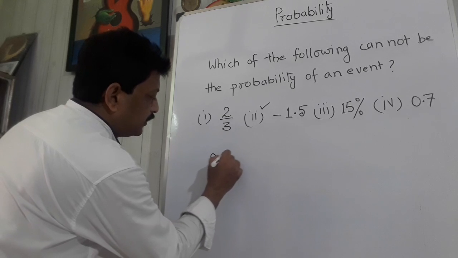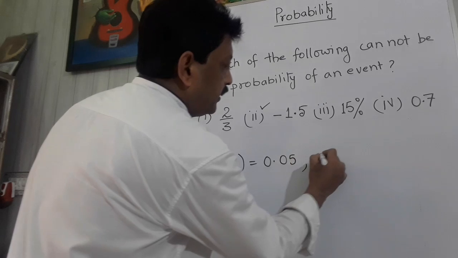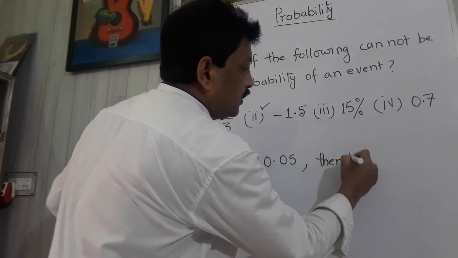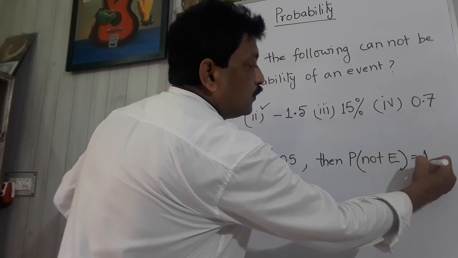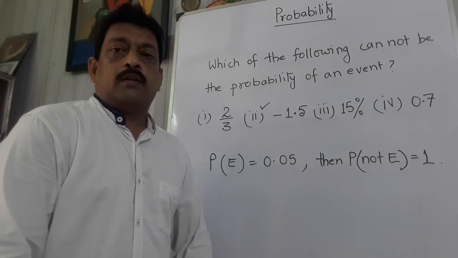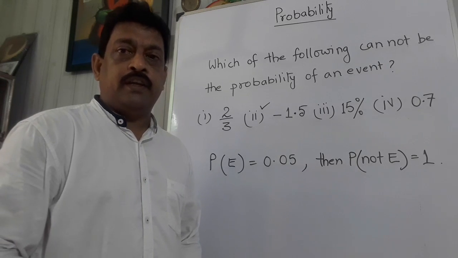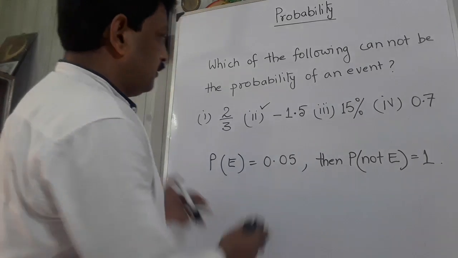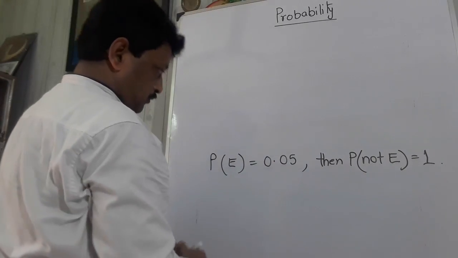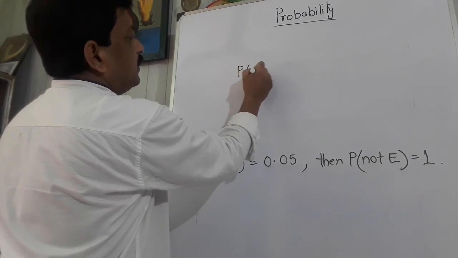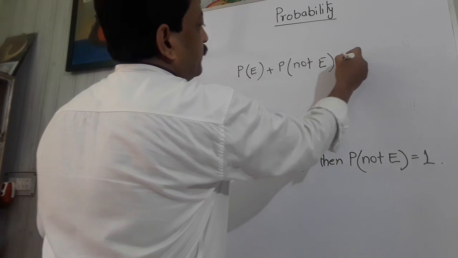It says that if P(E) equals 0.05, then P(not E) equals how much? We know that the sum of probabilities of all elementary events is 1. It is written as P(E) plus P(not E) equals 1.